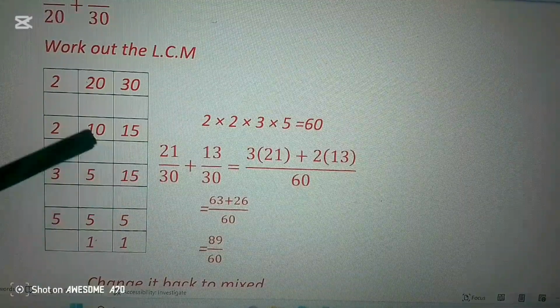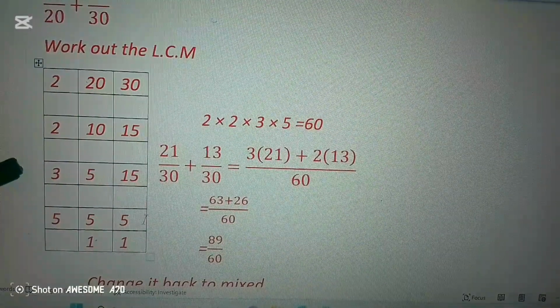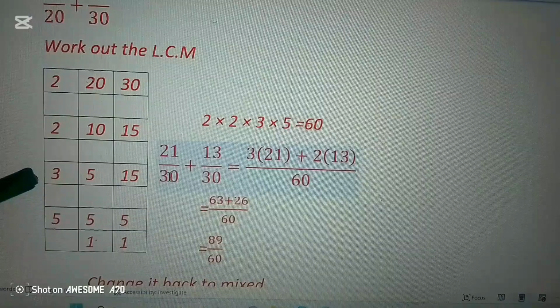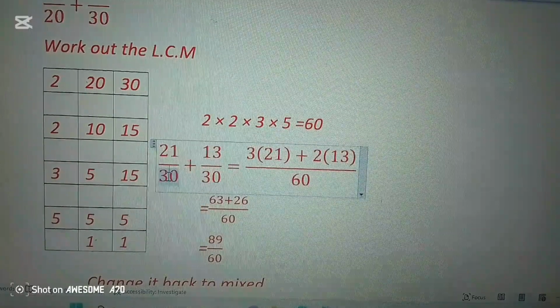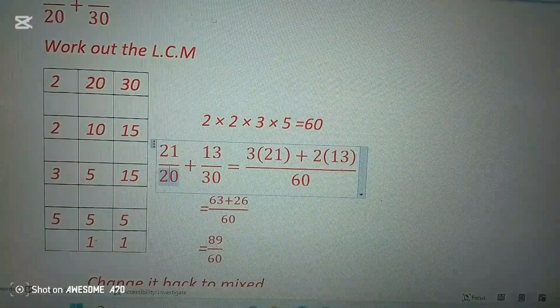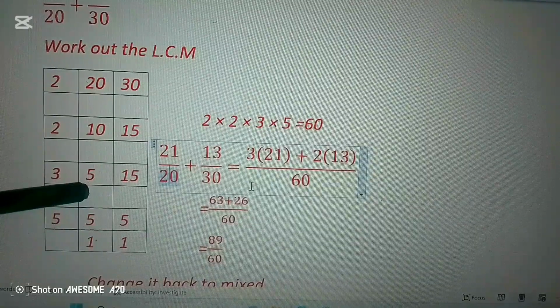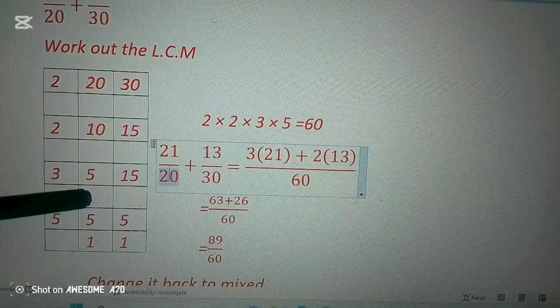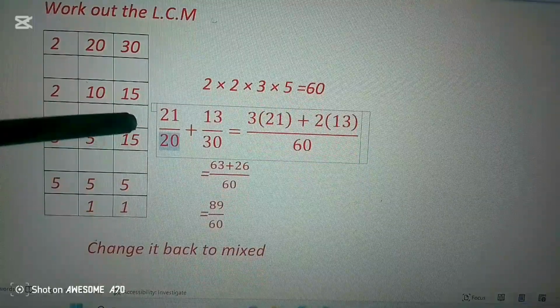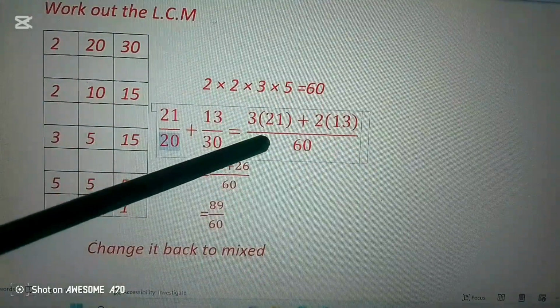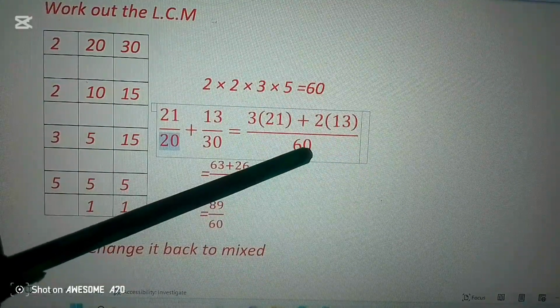Sorry, this one should be 20 and that one should be 30. So it is 21/20 added to 13/30. Here is the LCM, 60.